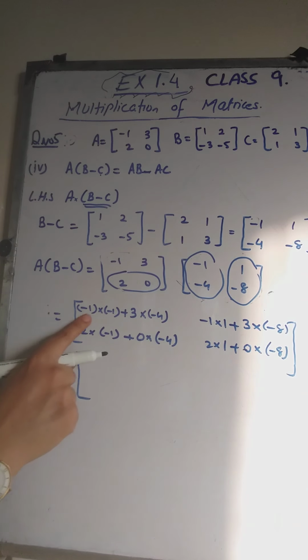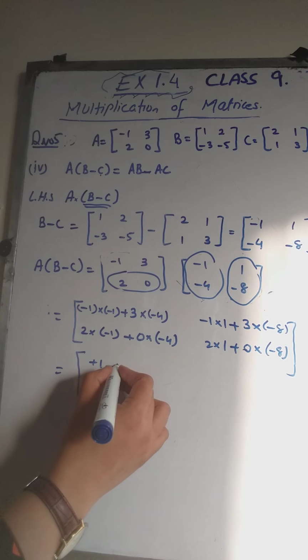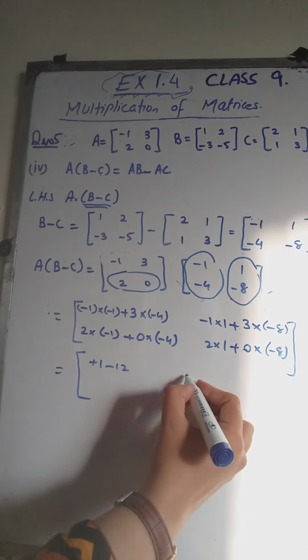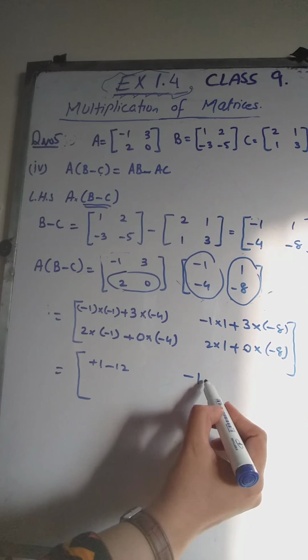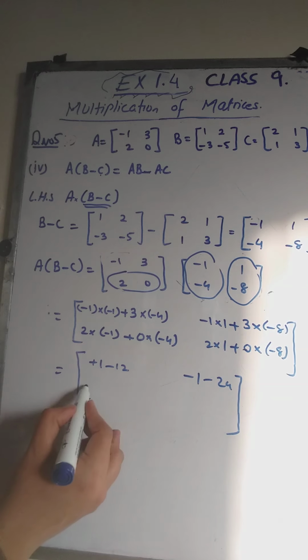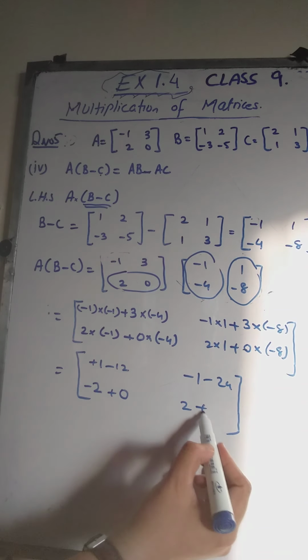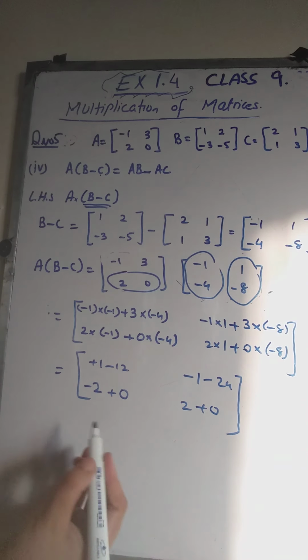So the answer that we get is -1 into -1 will be +1. 3 into -4 will be -12. -1 into 1, -1. 3 into -8 will be -24. 2 into -1 will be -2 plus 0. 2 into 1, 2 plus 0 into -8 is obviously 0.